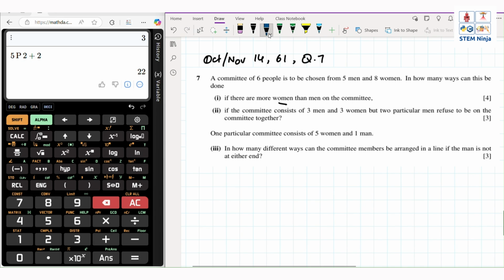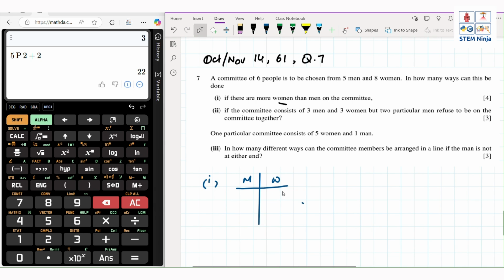All right, so let's make a table over here. So part 1, we have men, we have women. So let's see how many cases we can actually make. So we need more women than men.